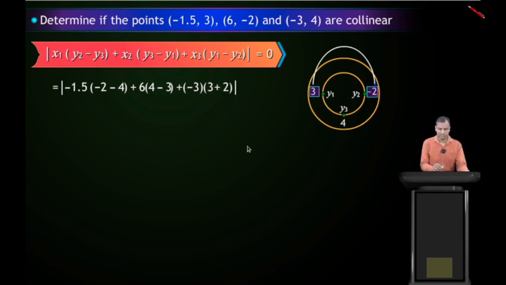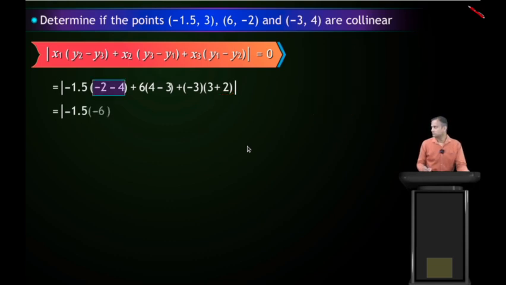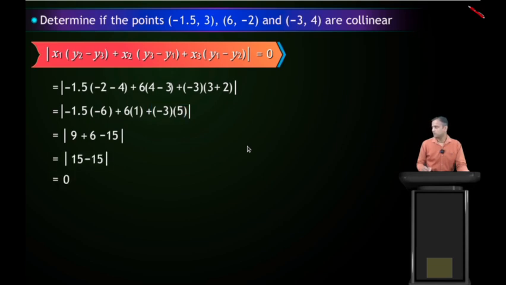So we can write 3 plus 2. Now solve this one, it is minus 6, 1 and 5. Multiply all these: 9, 6, minus 15. So finally we get the value 0. So the area of this triangle is 0.